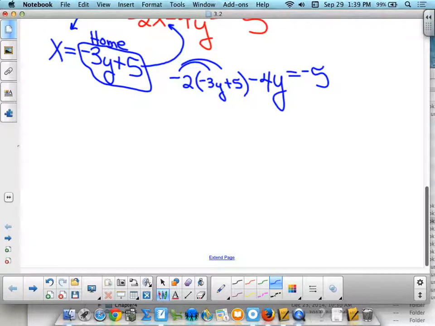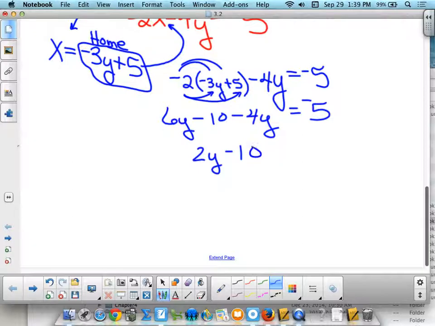Watch closely. This should be what? 6y. Watch step by step because somewhere you might have made a mistake. This is negative 10. Copy, copy, and then add like terms. Which ones are like terms? The y terms. 2y minus 10. Now what?